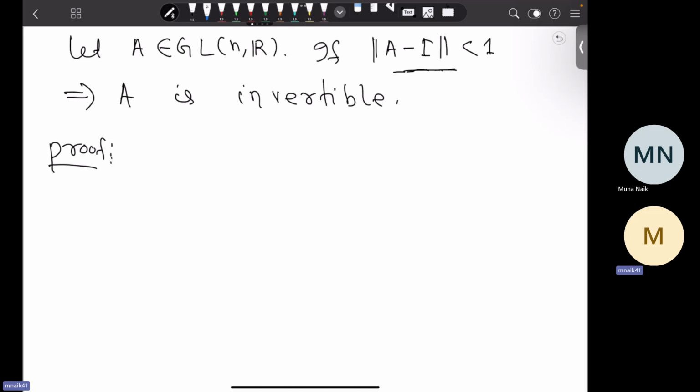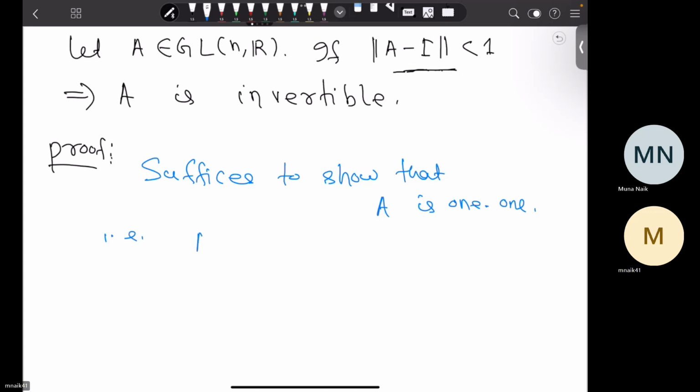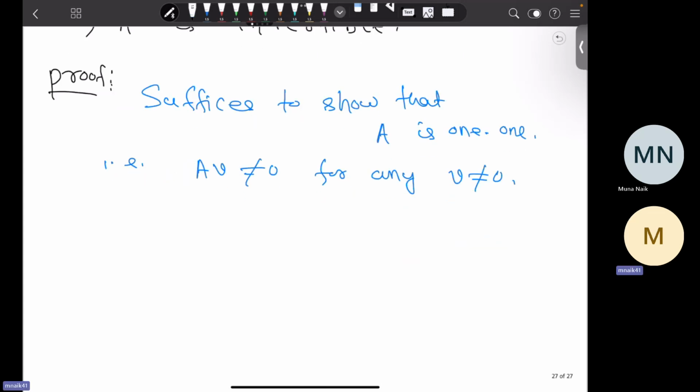Since I am in a finite dimensional vector space, it suffices to show that A is really one-to-one, that is, AV is not equal to 0 for any V not equal to 0.